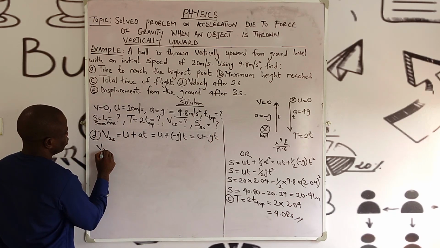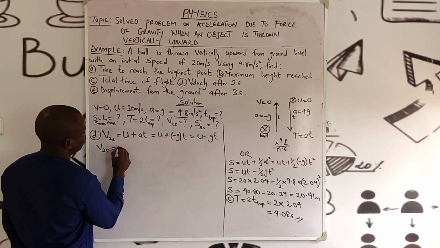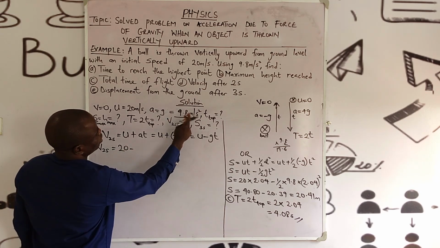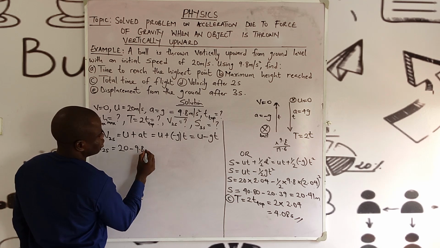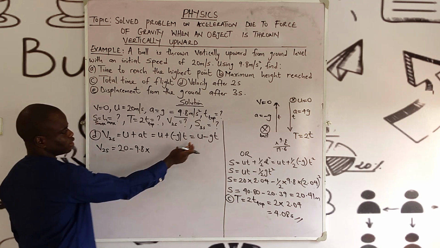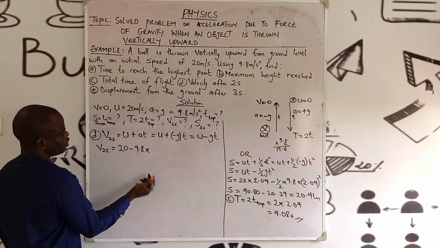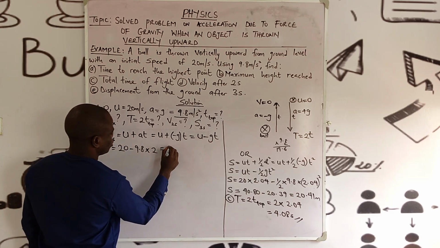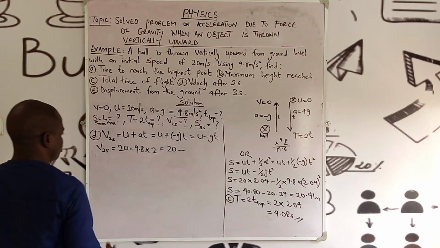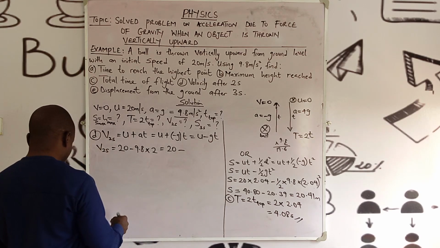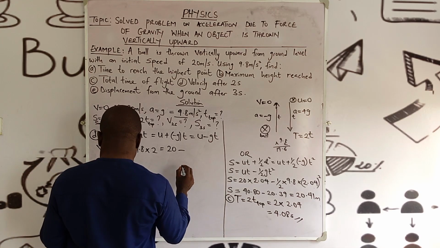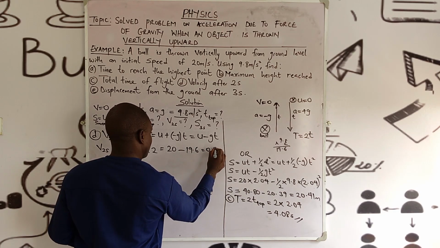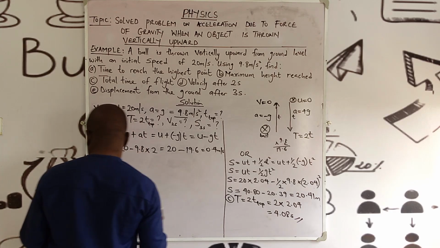Velocity after 2 seconds equals u, which is 20, minus 9.8 times, don't forget, change it to negative because it's going against the force of gravity, it's being thrown up, times 2. That equals 20 minus 9.8 times 2, that's 19.6, which is equal to 0.4 meter per second.